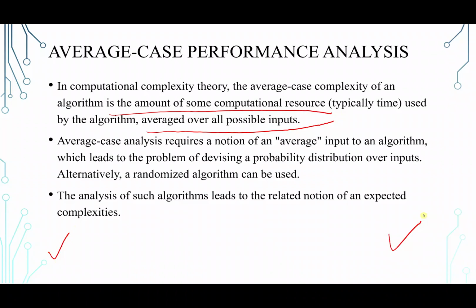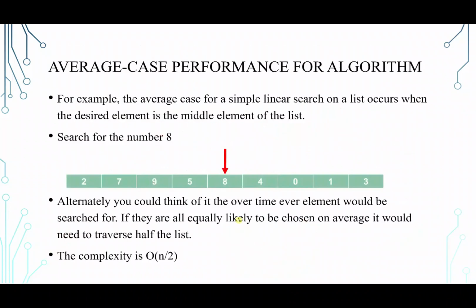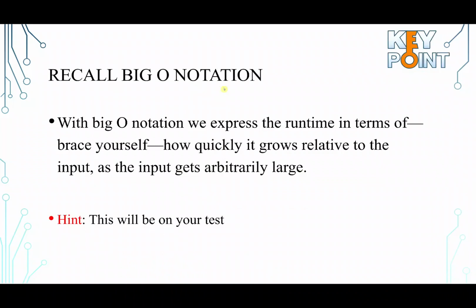It's like, if I have n elements, I would find it almost near this place, right? In the middle. So the analysis of such algorithms leads to the related notion of expected complexities. And this is what we just said in terms of the average case, right?